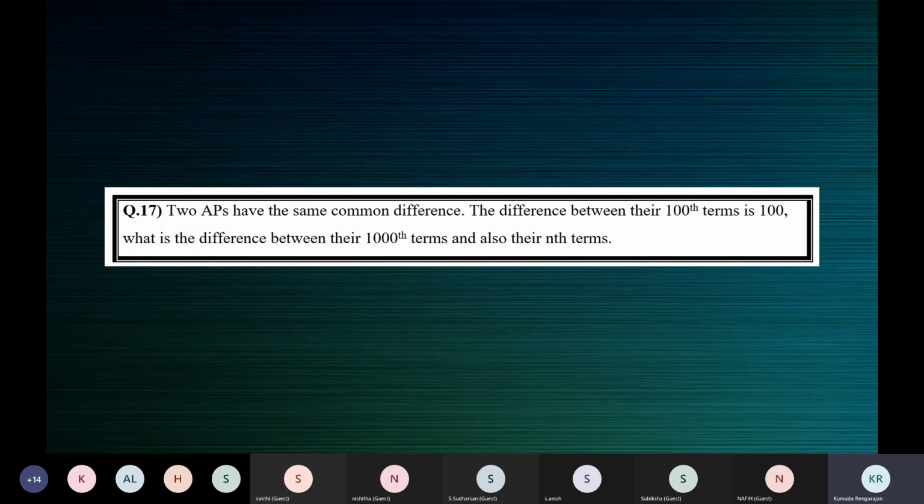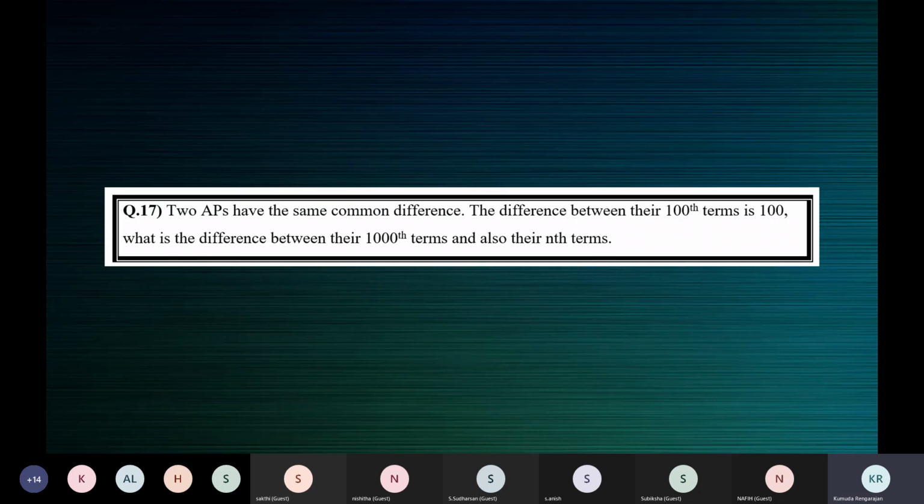When we are talking about arithmetic progressions, we talk about their first terms and their common differences, because only these two matter. To generate an AP or to know everything about it, what matters is: what is the first term, and what is the common difference? If you know these 2, then you can generate the AP.